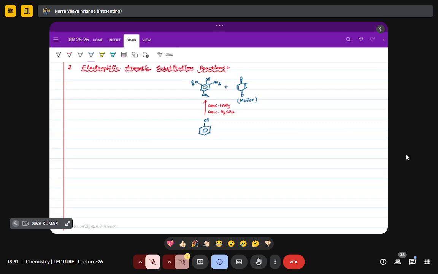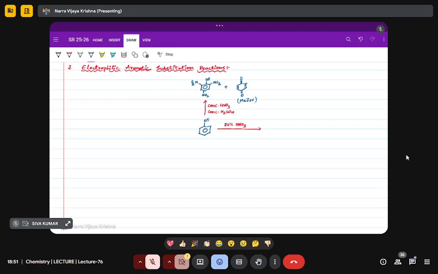Is it clear? If you take 20% nitric acid, HNO3, right? See here, because of the presence of an electron donating group, same thing. If it is NH2 here, then what happens? You will get ortho nitro, meta nitro, para nitro also. We discussed that point. During nitration of aniline, you will get ortho, meta, para.